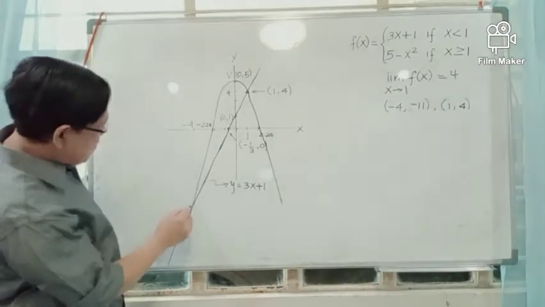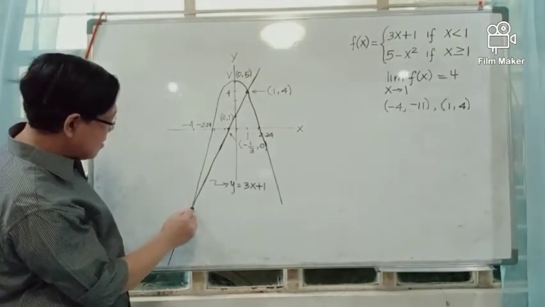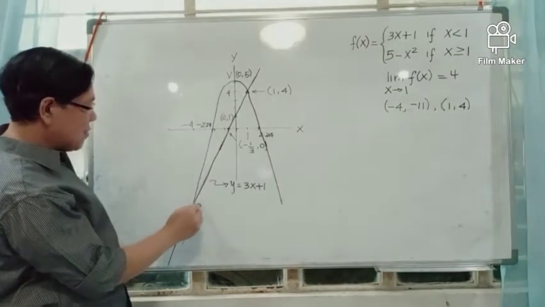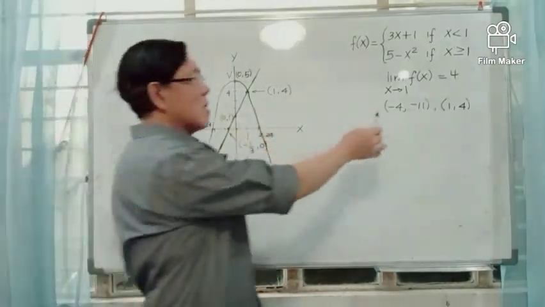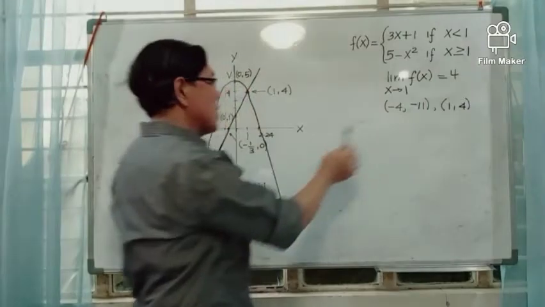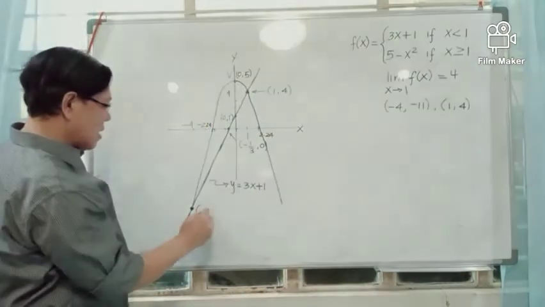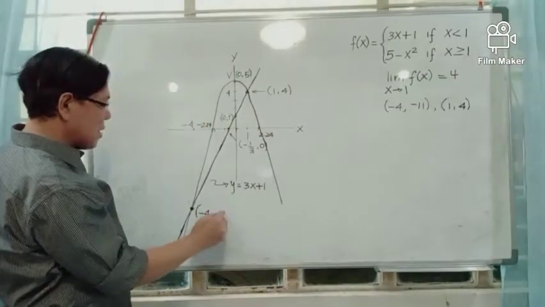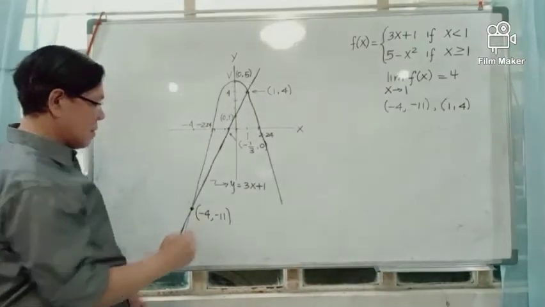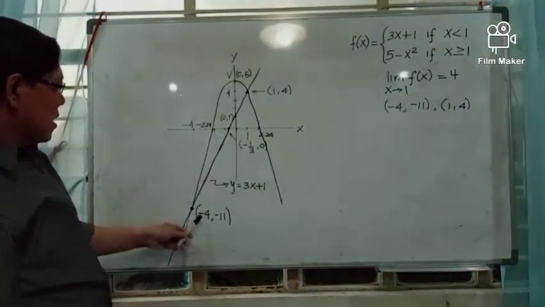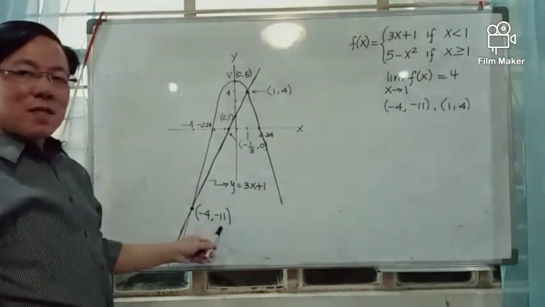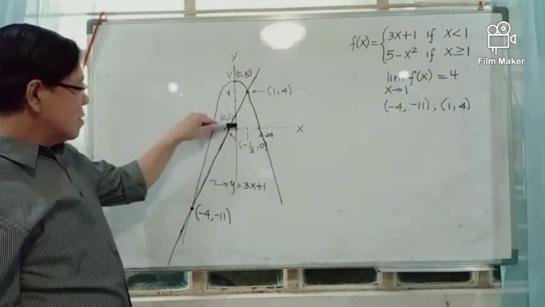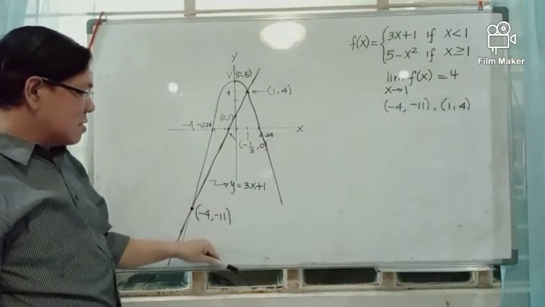This point of intersection of the line and the parabola has coordinates negative 4 and negative 11, where x is negative 4 and the value of y is negative 11, below the x-axis.